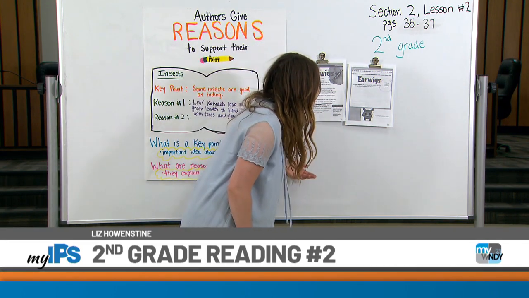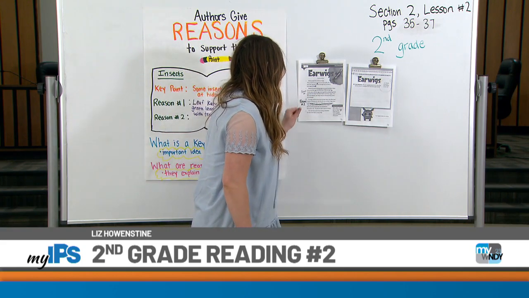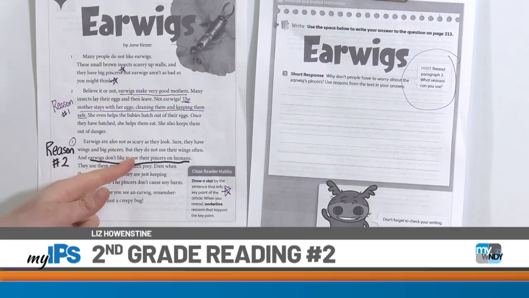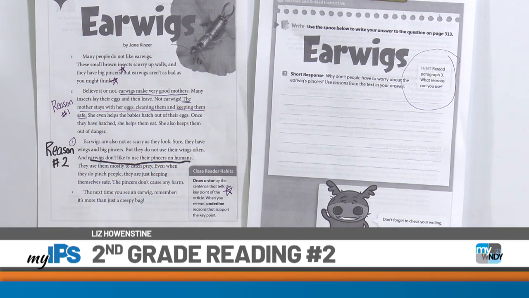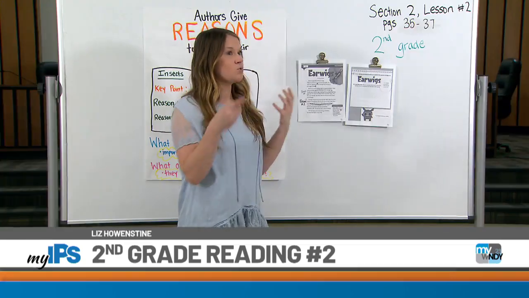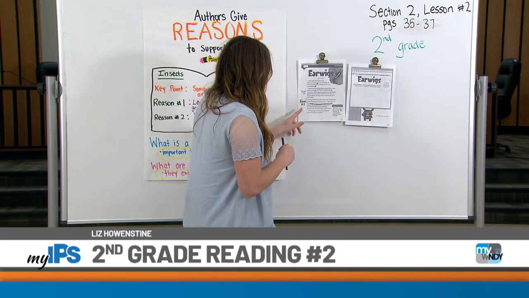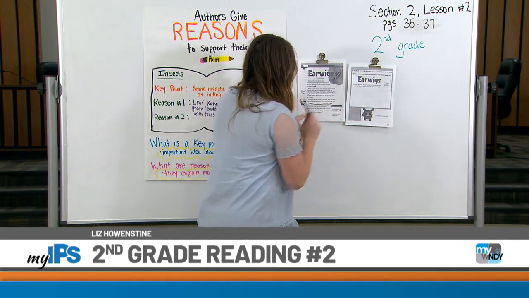So that doesn't tell us why we don't have to worry, so we don't have to write any of that. And earwigs don't like to use their pinchers on humans. Oh, so they just told us they don't like to use it on humans, and so we don't have to worry about them getting us, right? But let's read the next so that we can find our reasons.